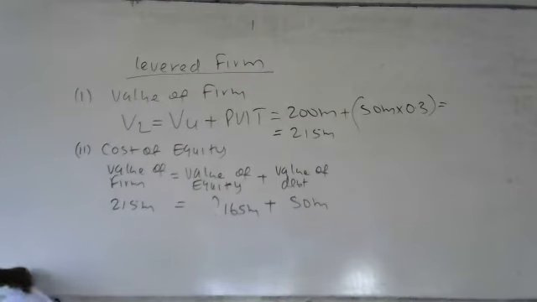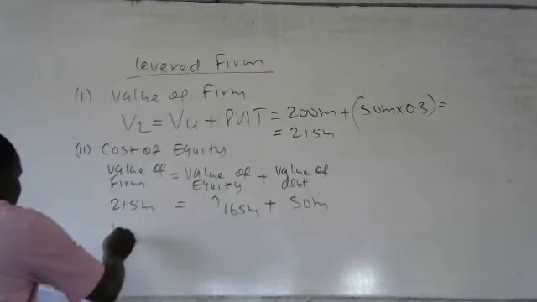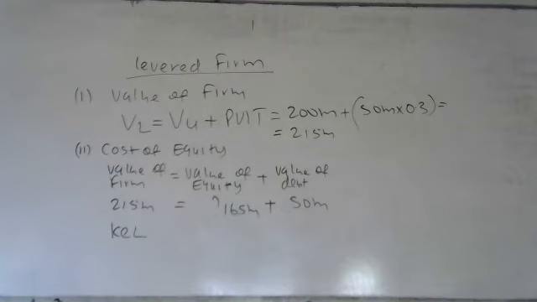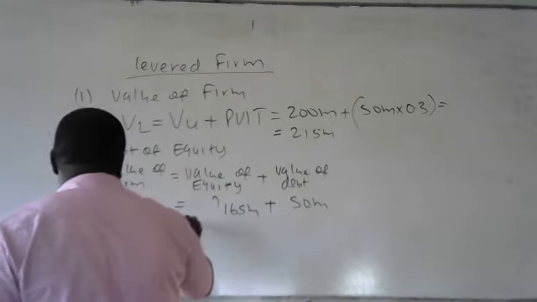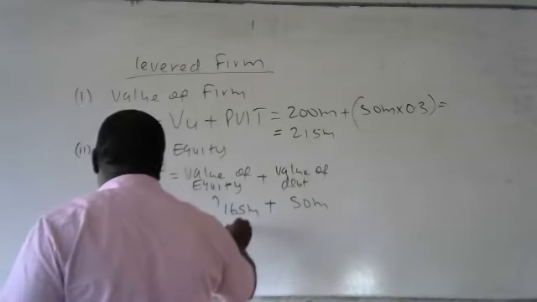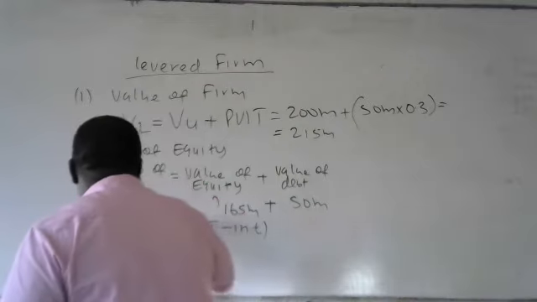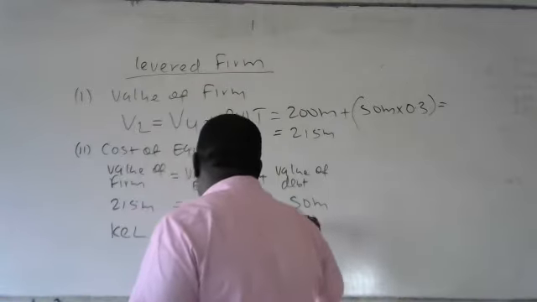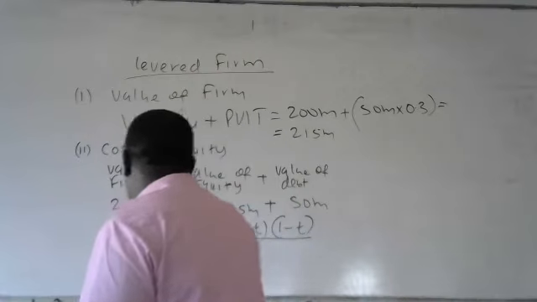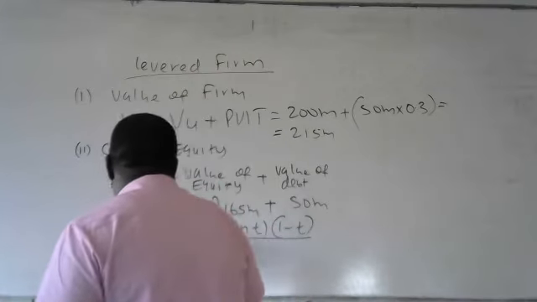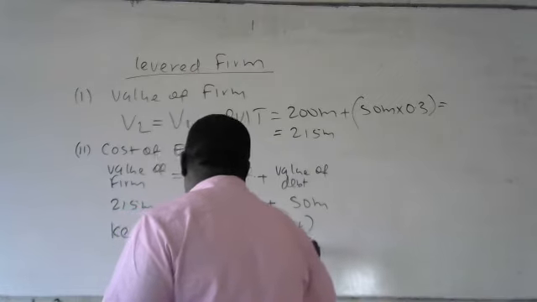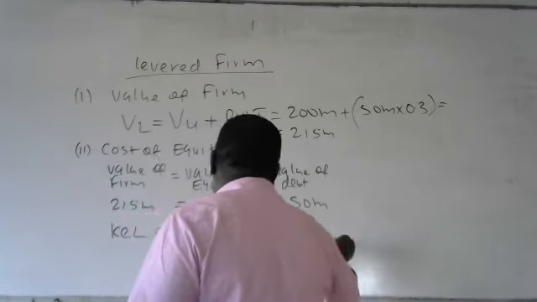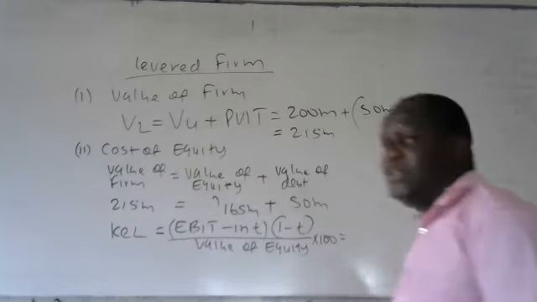Then to compute the cost of equity, KEL, it is given by earnings before interest and tax, subtract interest, then 1 minus the tax rate, divided by the value of equity, and then show that figure as a percentage.